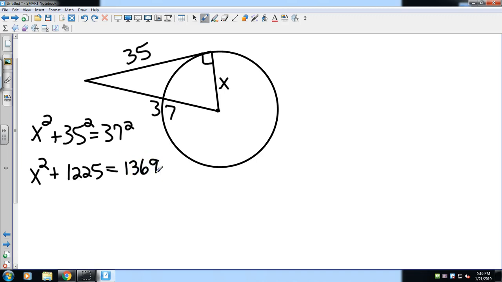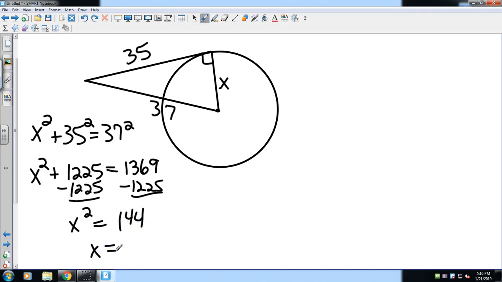Then I'm going to subtract the 1,225 from both sides, giving me x squared equals 144, which means x is technically plus or minus 12, but since it's distance, it has to be positive 12. So x would equal 12. So every time you have a tangent to a circle, it makes a right angle with either the radius or the diameter.